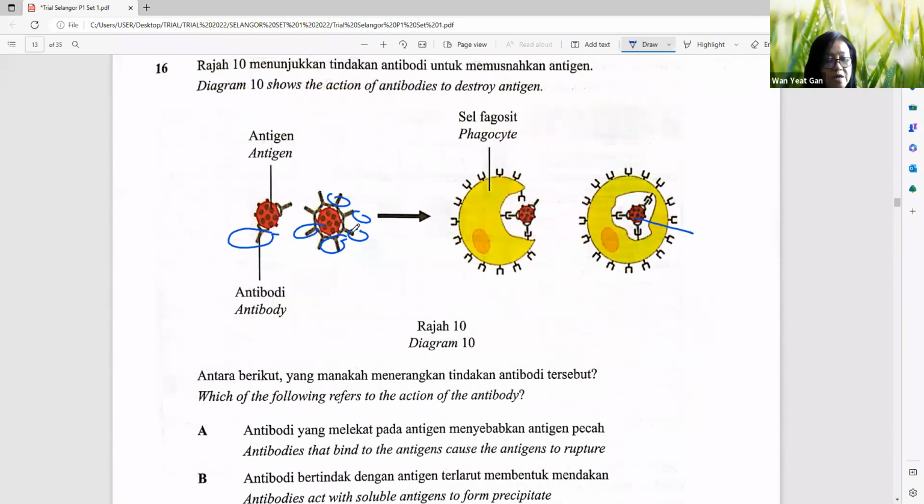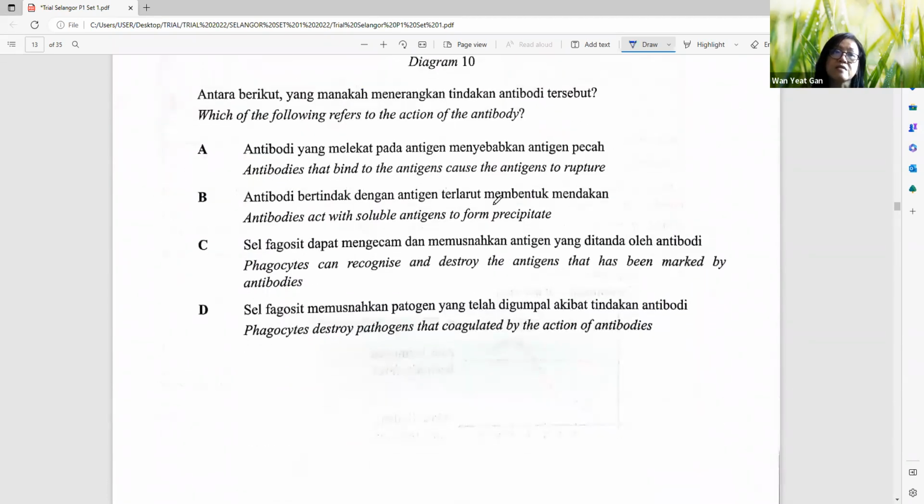The antibody has already marked the antigen, so it's easily identified by the phagocyte. So the answer is C.